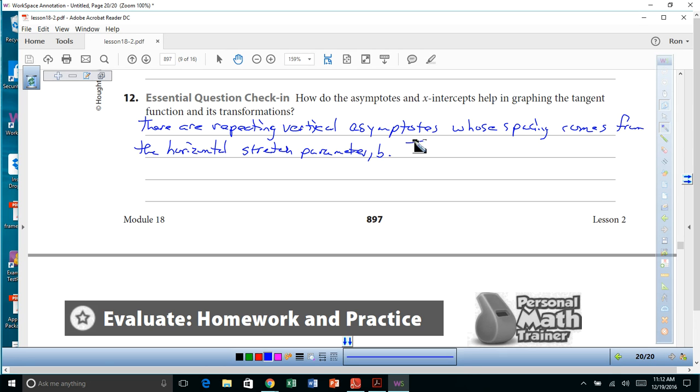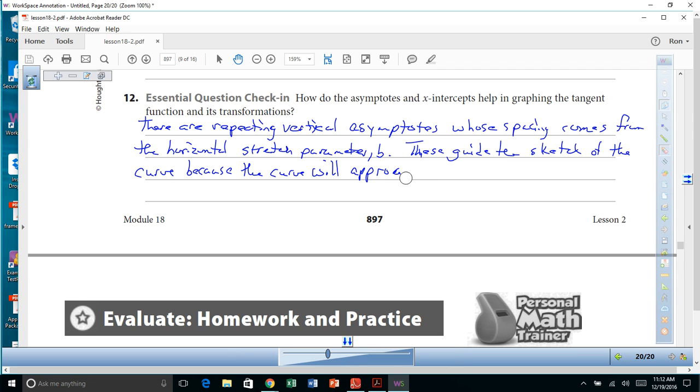These guide the sketch of the curve because the curve will approach the asymptote but not cross it.